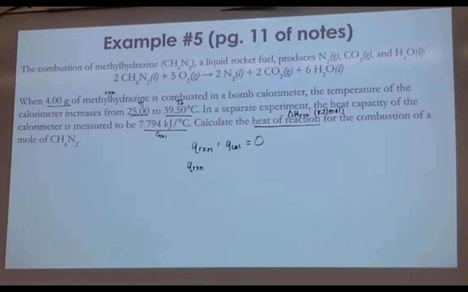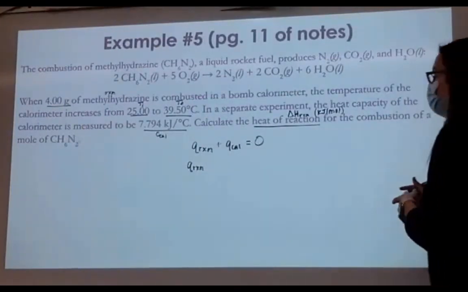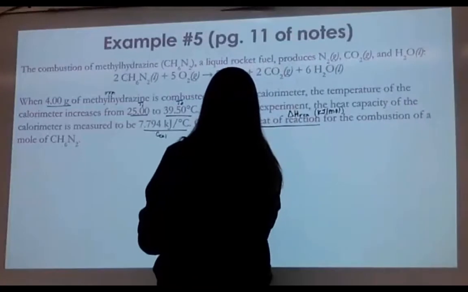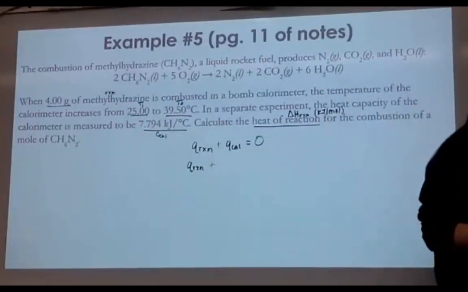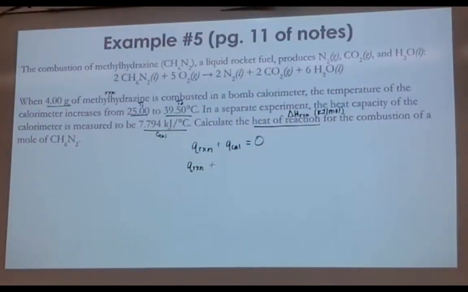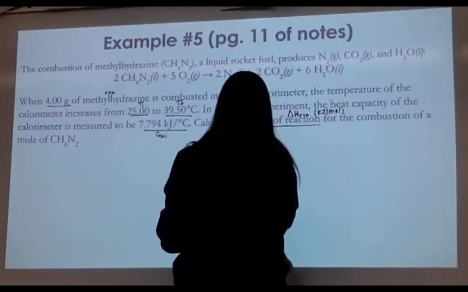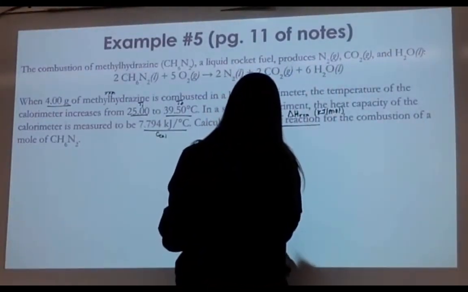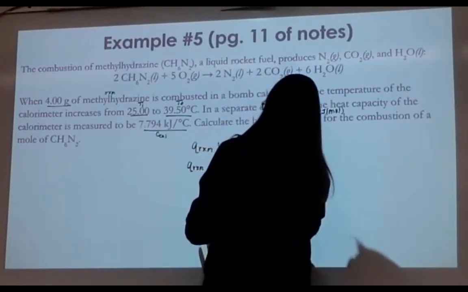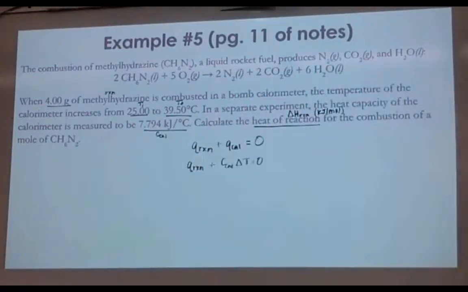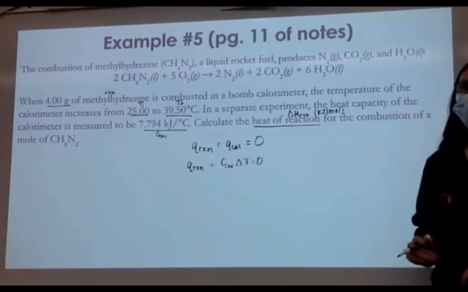That's what I'm solving for. Now to calculate Q cal, it is not the same as Q of water. Q cal is simply C cal times delta T. To calculate the heat absorbed by the calorimeter, it is just the calorimeter constant times delta T.